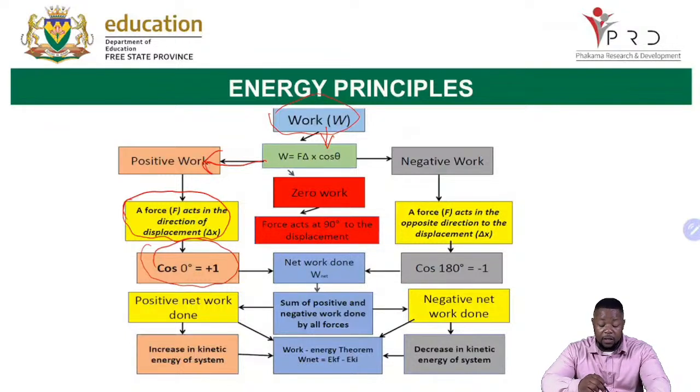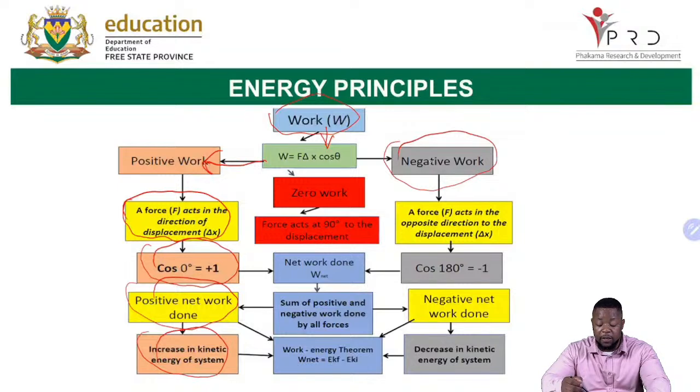Once the positive work is calculated, all the work done by the forces can be added to get the positive net work done. The positive net work done increases the kinetic energy of the system.